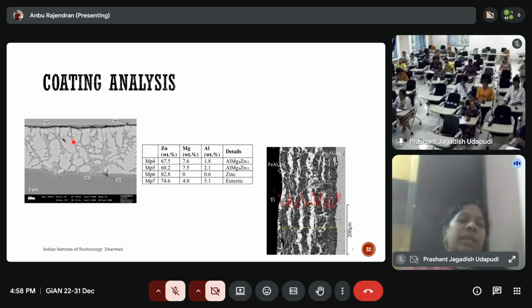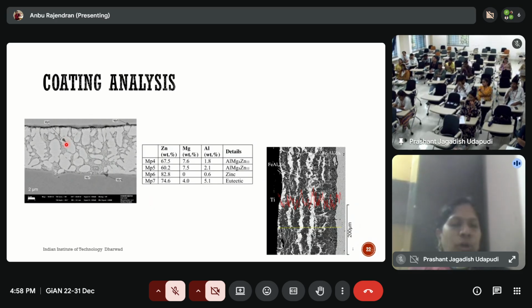I can pick the region and spot my cursor here. The electron beam will fall on this region, and a spectrum will come out from that particular region. The spectrum is matched against a database of standard elements. It will tell you which elements are present in that particular zone. Those can be analyzed using the SEM.